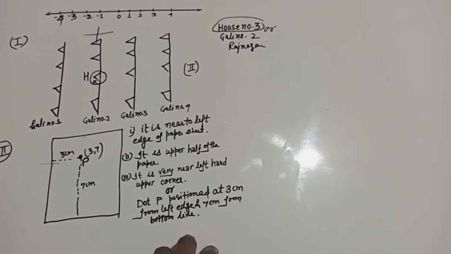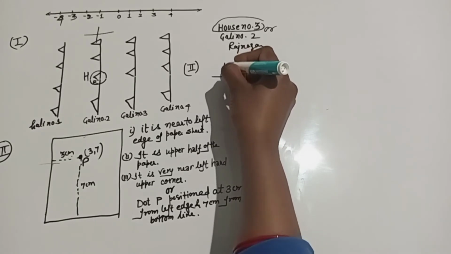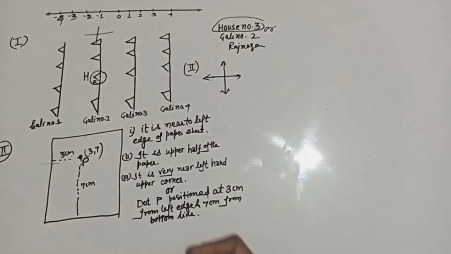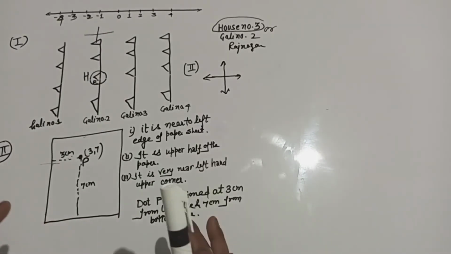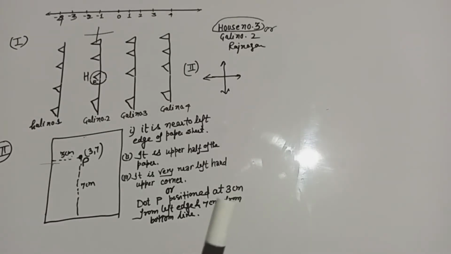This simple idea has given rise to a very important branch of mathematics. Perpendicular lines in a plane give us the position of any object. It gives the idea of a very important branch of mathematics, that is coordinate geometry.